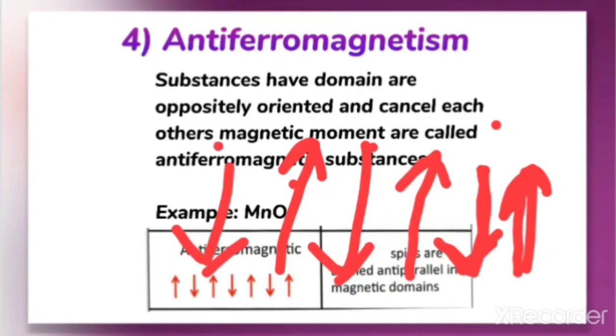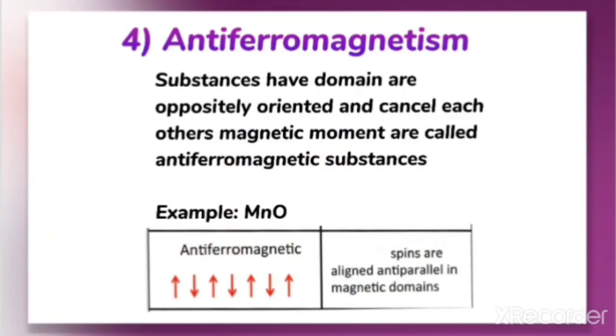So the magnetic moment of one gets cancelled by the other because of being opposite in direction. Substances in which the domains are oppositely oriented and cancel each other's magnetic moment are called antiferromagnetic substances.